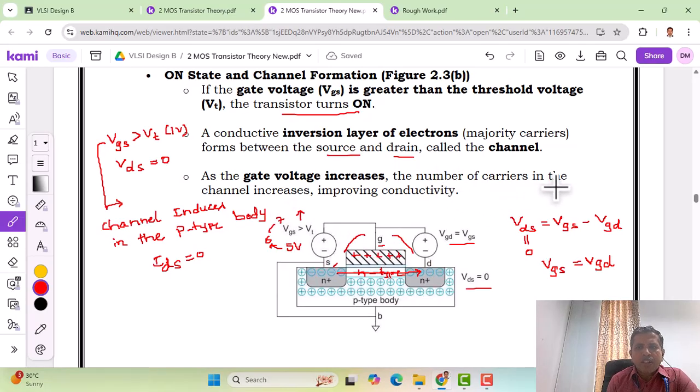The number of carriers in the channel increases. So the quantity of these N-type charge carriers keeps increasing. I can say that the charge Q keeps on increasing, electrons keep increasing because of the increase in voltage. That increases the conductivity. So the conductivity of the channel keeps increasing, but still current is not flowing because VDS is 0.